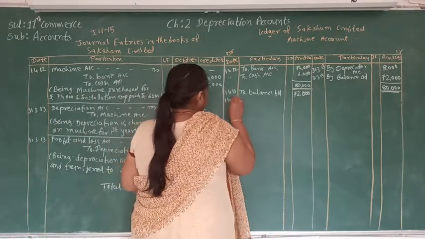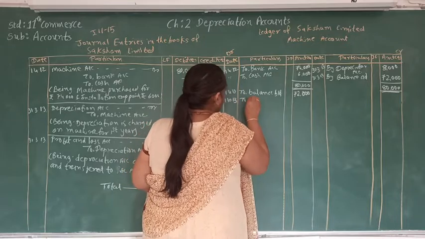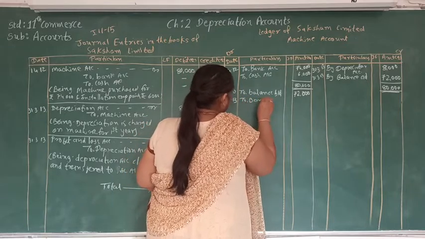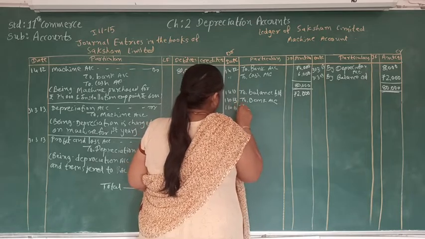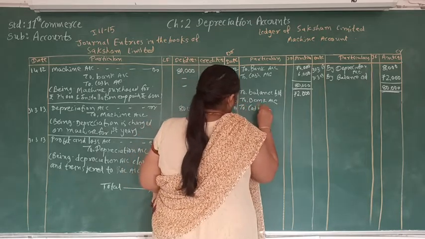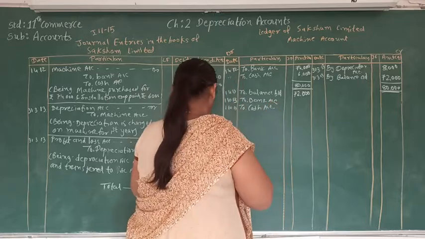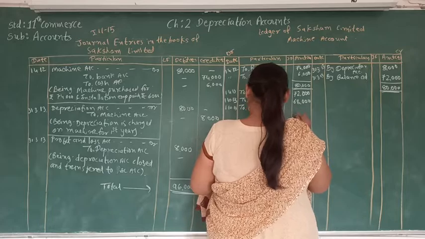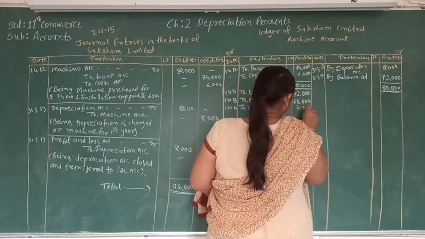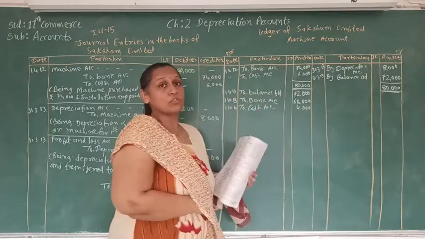Here again, in the second year we have purchased the second machine on 1/10/13. So we will write to bank account, on 1/10/13, to cash account. Here it will be 68,000 and 4,000. So that will be again 72,000.